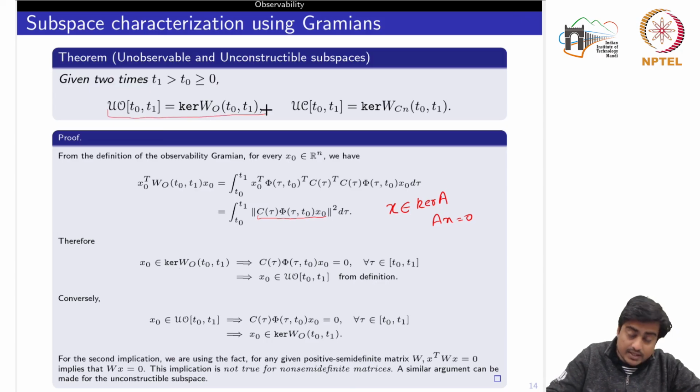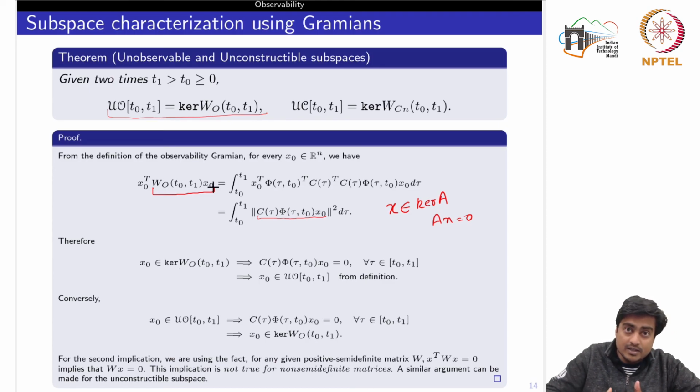Now see the reverse one. If we have x naught belonging to the unobservable subspace, meaning this equation is satisfied, and I put it here, it means the quadratic form itself is 0. Now if the quadratic form itself is 0, it implies that this is equal to 0.